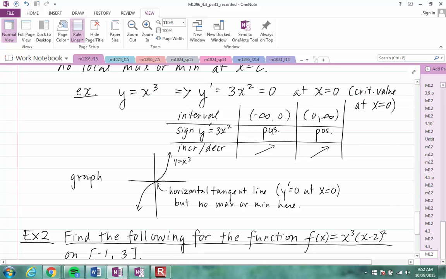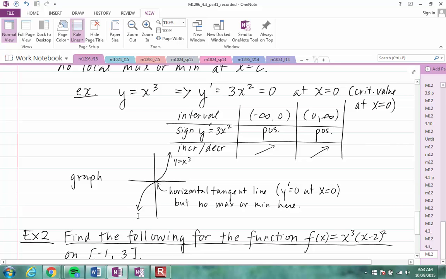So that's a little bit different than the x squared case, y equals x squared. Here, for plugging in positive x, we get a positive value out for y prime. So notice we go from increasing, critical value, to increasing. And that's exactly what the graph is showing, right?